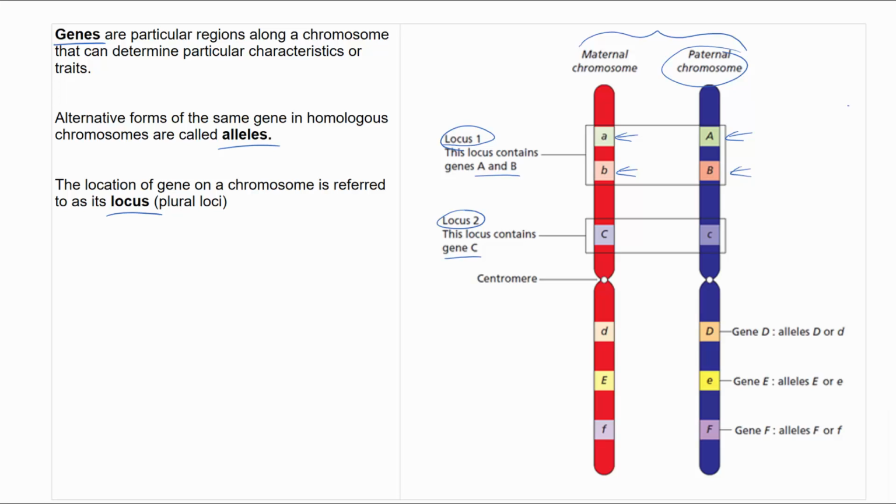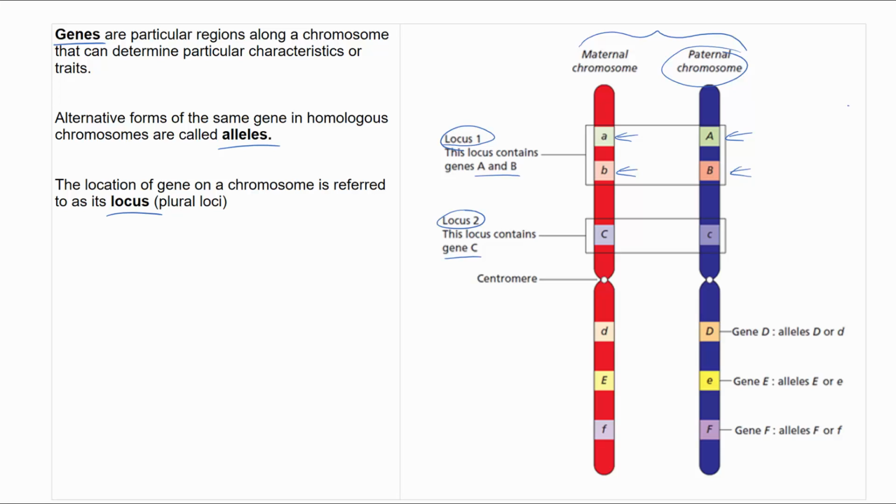So for example, eye color. Eye color can be blue, brown, or green, and these represent the same characteristic but different alleles of the same characteristic. The reason alleles are different is because there's a difference in the nucleotide sequence between the 2 different versions of that gene.